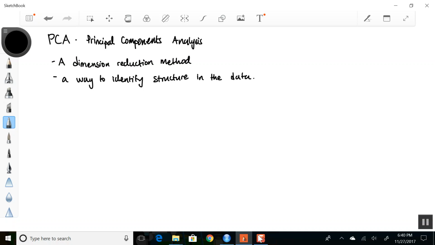Okay, projection is the idea of projecting high-dimensional data onto something that is of a lower dimension, okay? Projection is projecting higher dimensional data onto a lower dimensional space.